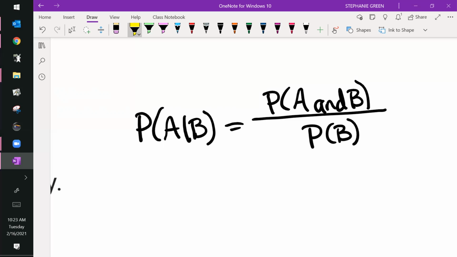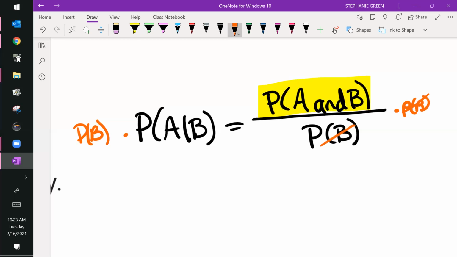Let's go ahead and use this equation to get a new equation for the probability of A and B by itself. So I'm going to manipulate this equation so that A and B is by itself. So I have to multiply both sides by this P of B so that cancels, right? Whatever you do to one side, you do the other.